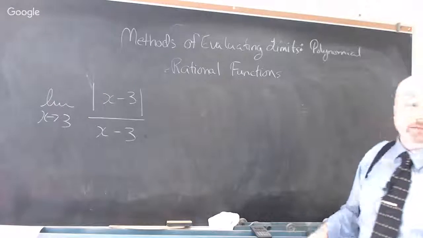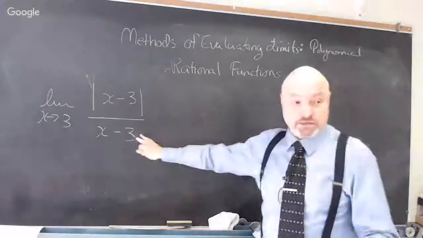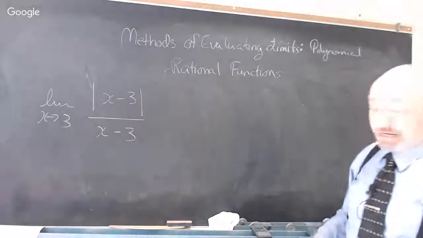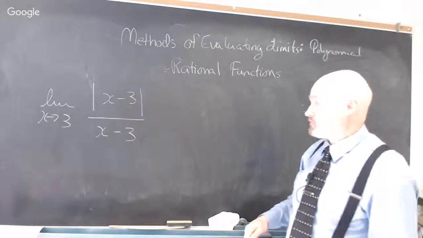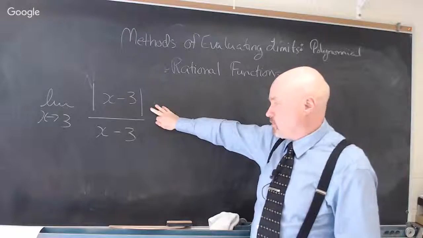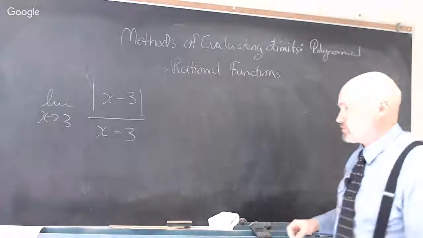And actually, this is kind of a neat function to put into Desmos, because you're going to see that this ends up with a jump discontinuity when x equals 3. So it flips from having a value of -1 to having a value of +1 just as x goes to 3.